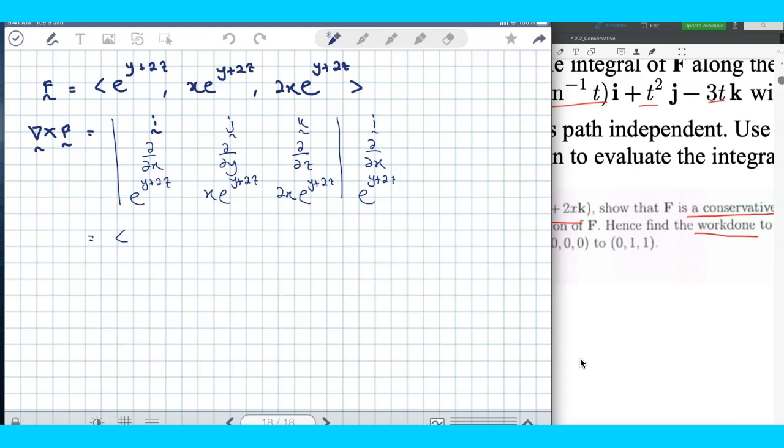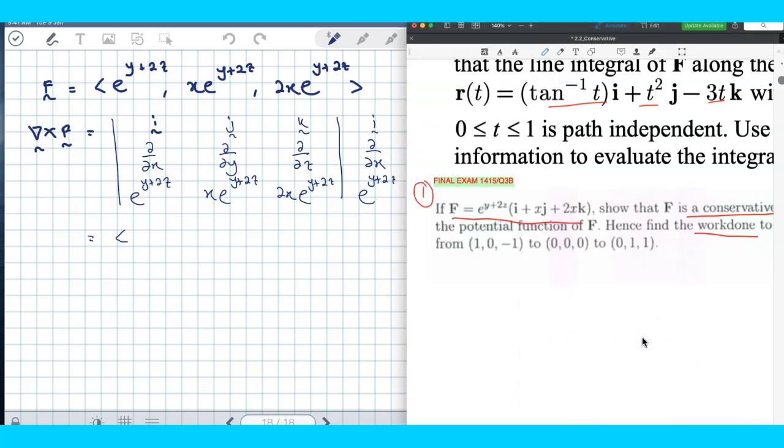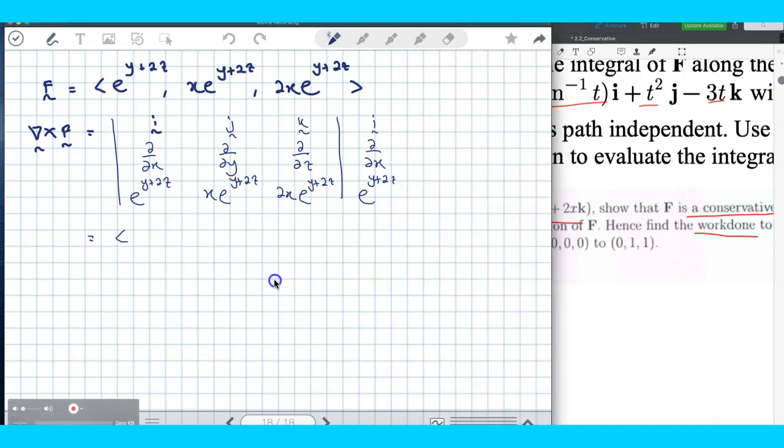Not necessarily always, but every time for the exam questions regarding this topic, F is always conservative, so that you can apply all the special properties of the conservative vector field.